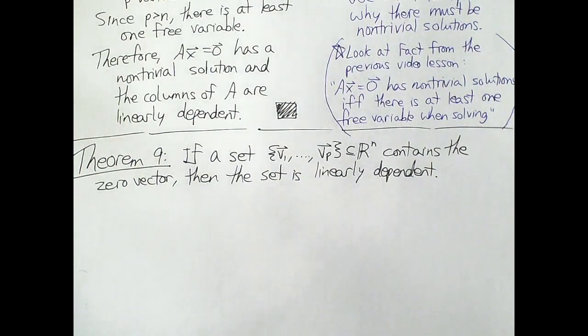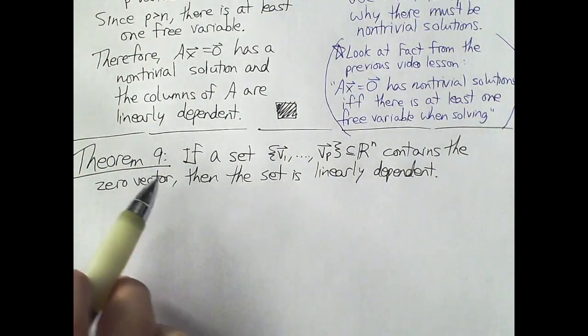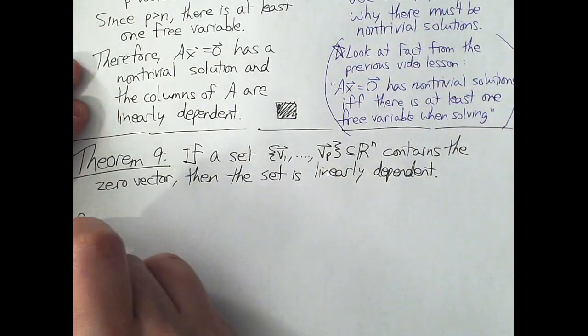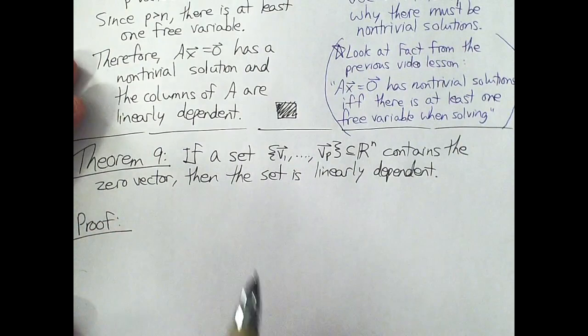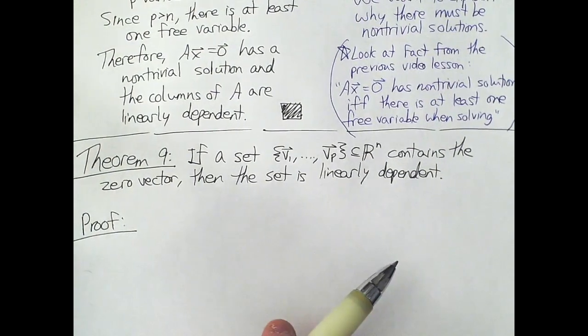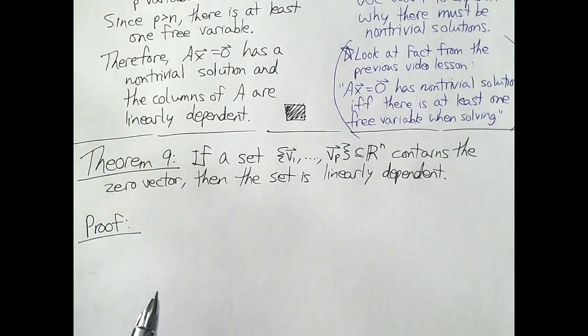You don't even necessarily have to think about Theorem 8 or Theorem 7. You say, oh, it has the 0 vector. It's linearly dependent. I'm going to show you a proof of this. Okay? I'll show you this proof. Unless you really want to try it on your own. Maybe you could think about it. So up to you if you want to pause the video and try this.